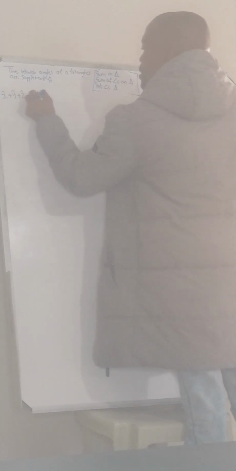X, Y, and Z. So X plus Y plus Z. We can say that X plus Y plus Z equals 180 degrees. Give a reason. You can just say sum in a triangle. This is highly acceptable.